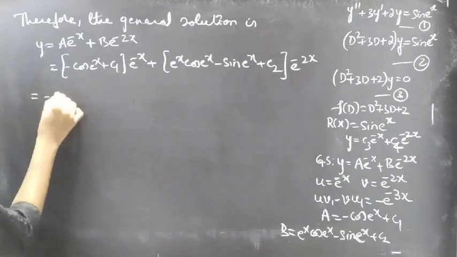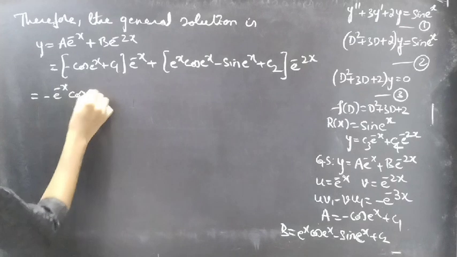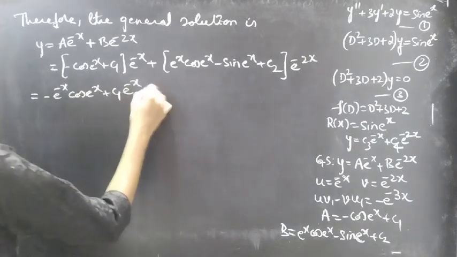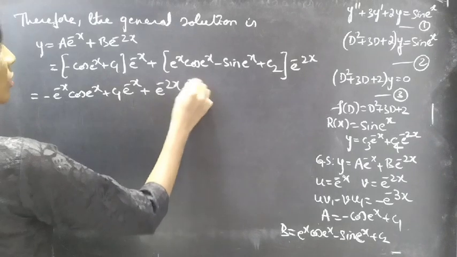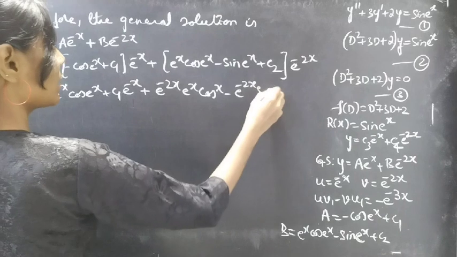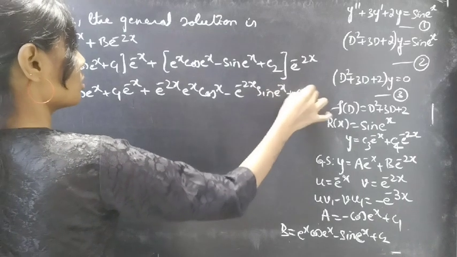This gives us minus e power minus x cos e power x plus c1 e power minus x plus e power minus 2x e power x cos e power x minus e power minus 2x sine e power x plus c2 e power minus 2x.